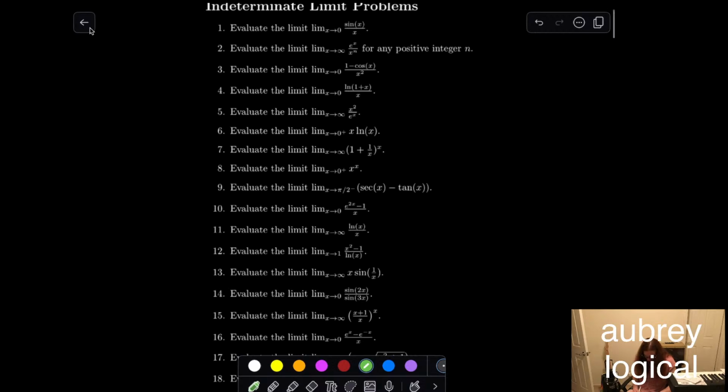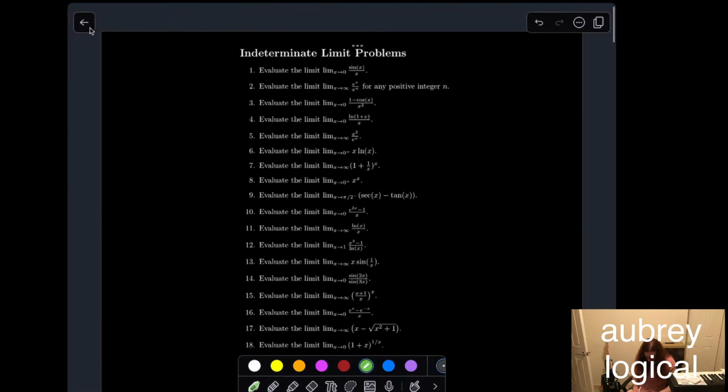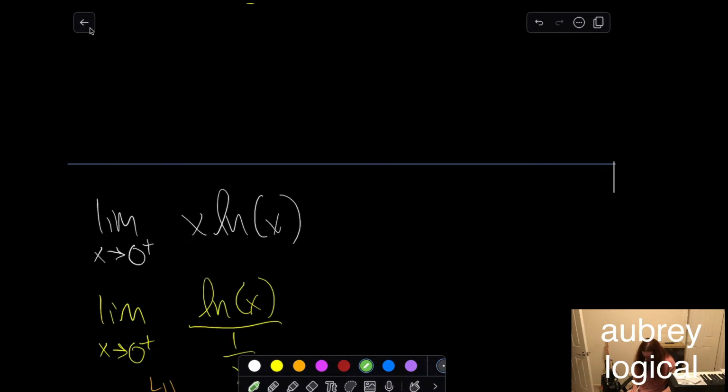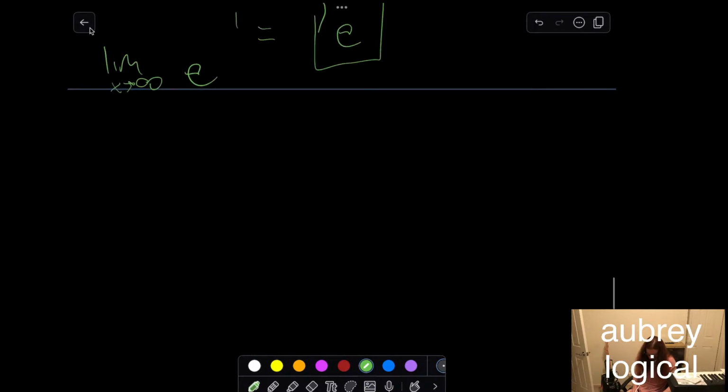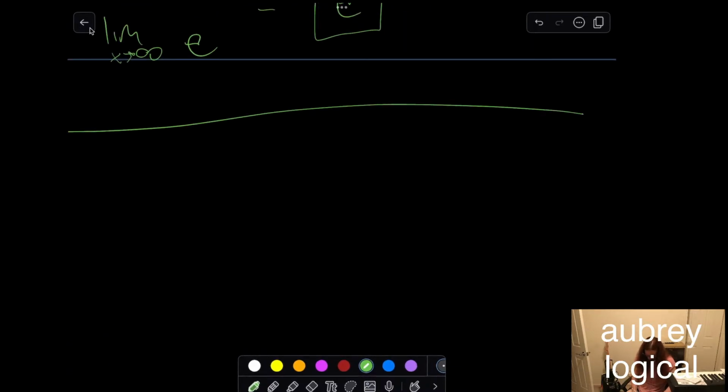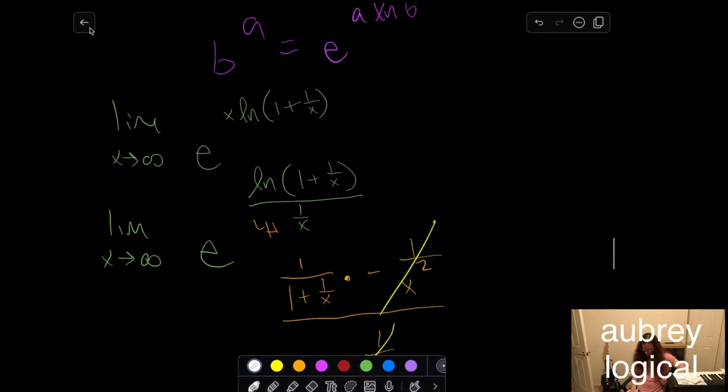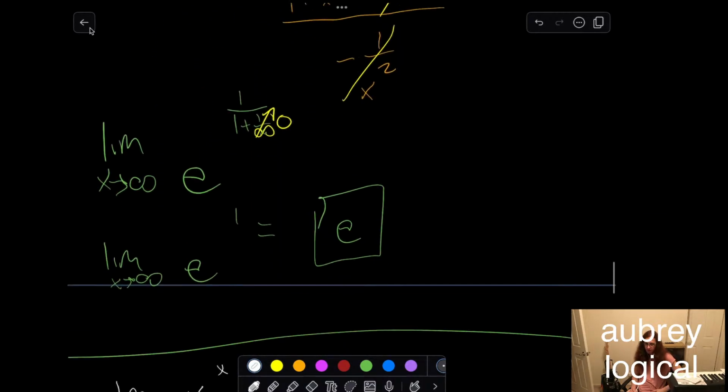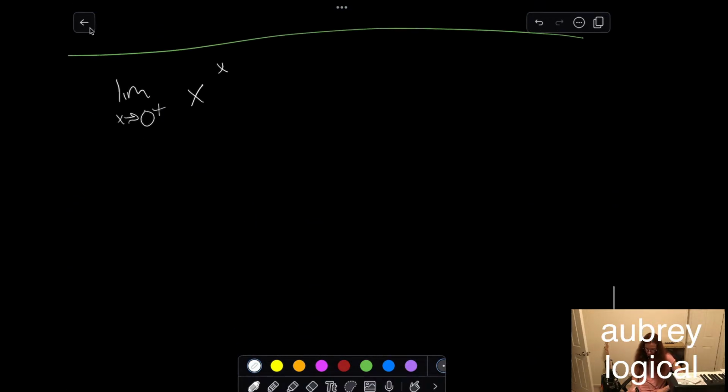X to the x. Okay, so this problem is the same as our last problem. We're going to incorporate that e. So we have the same thing, we have the b to the a.